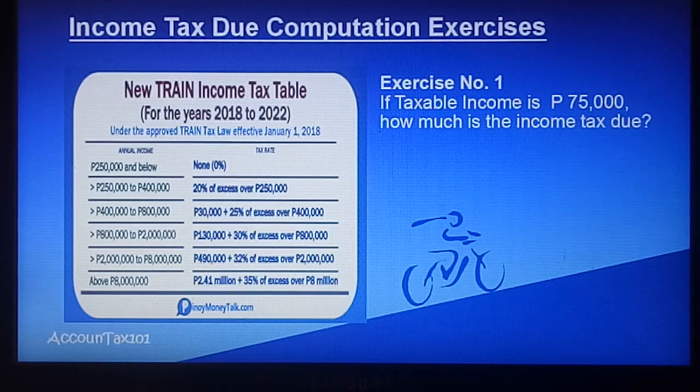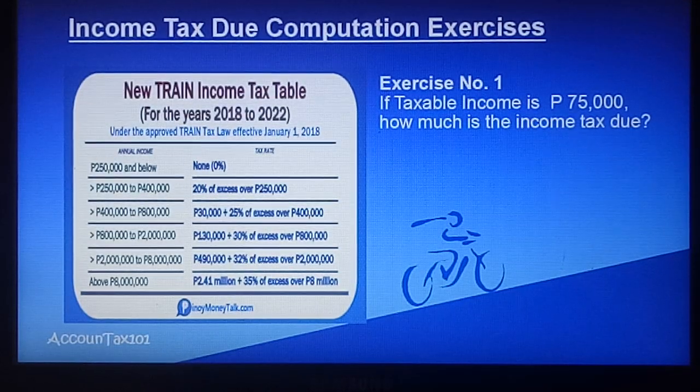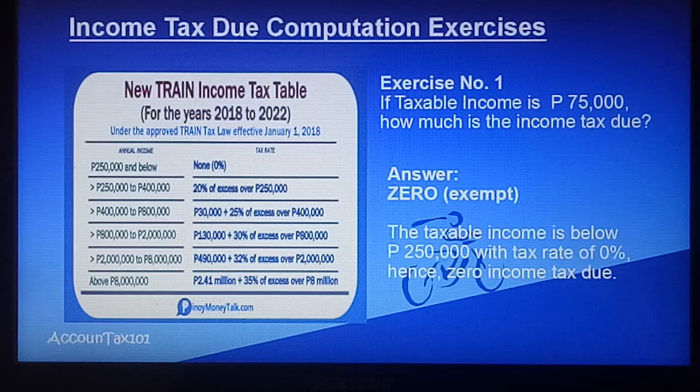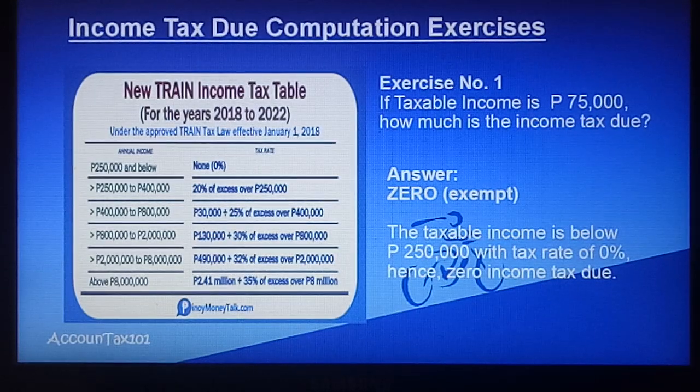Okay, if the taxable income is 75,000, how much is the income tax due? So, our answer would be 0 or exempt. Why? Because 75,000 belongs to the first bracket, that is 250,000 and below, with 0 tax rate. So, exempt.